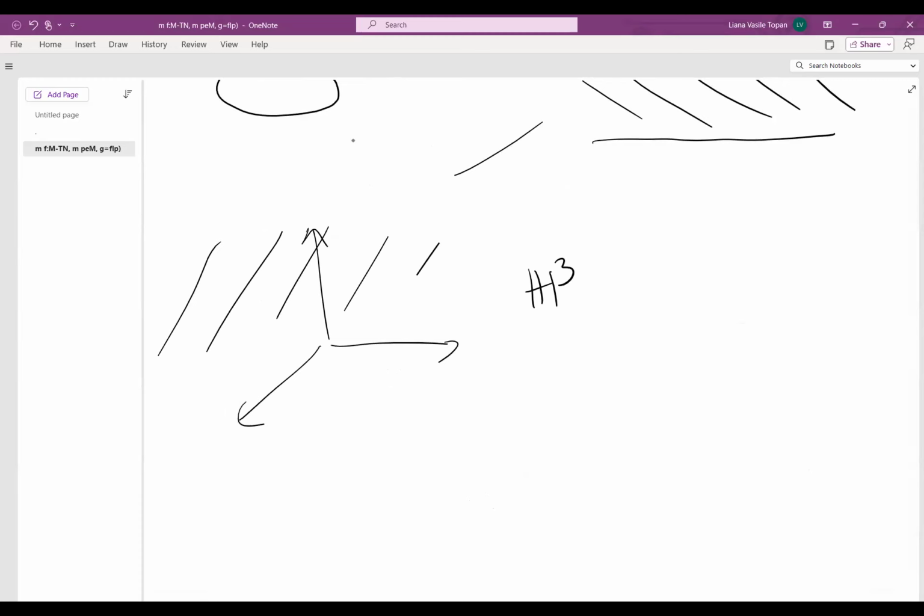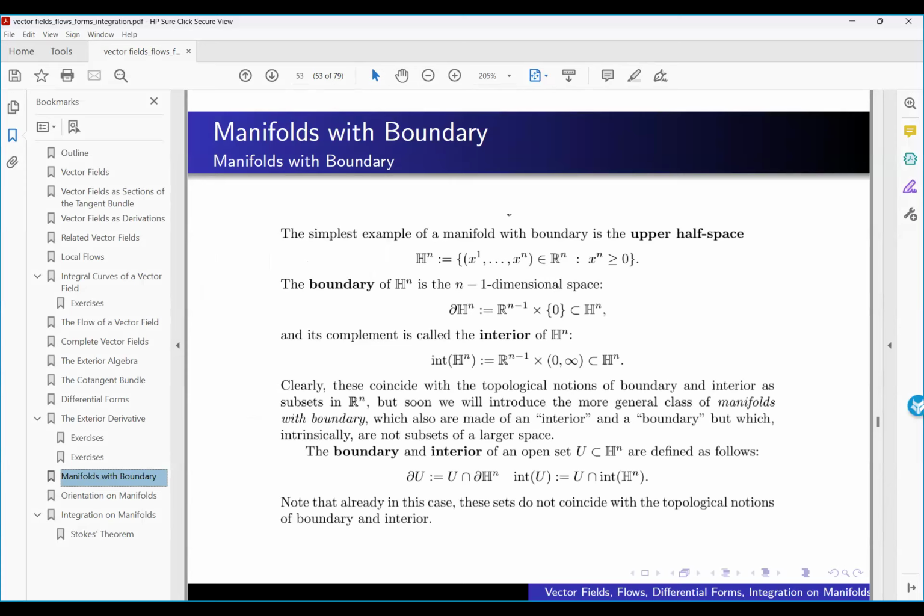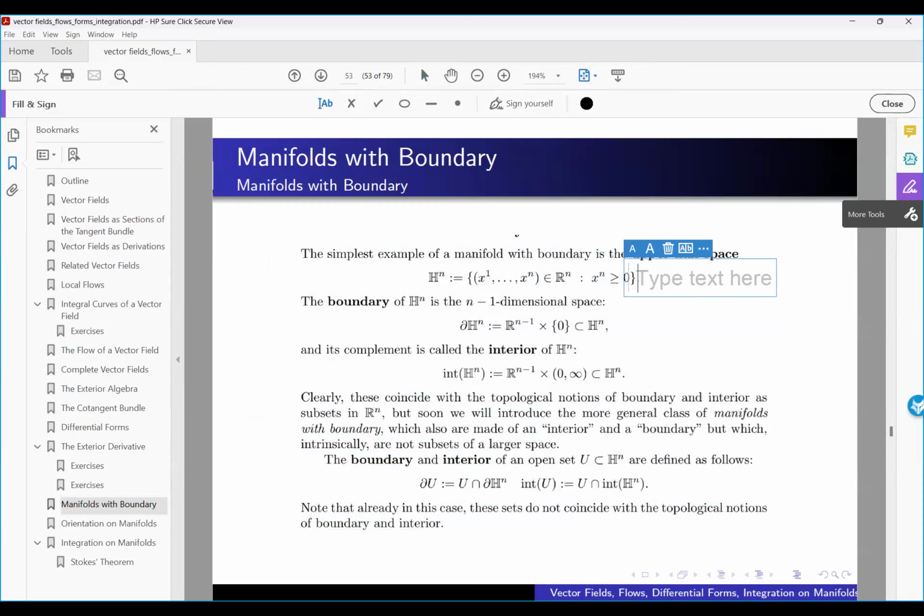So what if instead of modeling everything on R^n, we model on H^n? Now, you see, this H^n has a boundary. The inequality that you see here is not strict, you have greater than or equal.